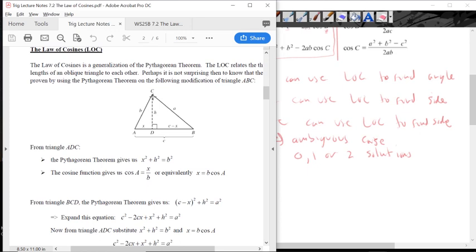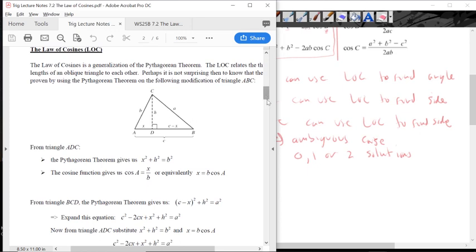And we start by dropping a line perpendicular to the base, just like we did with the proof of the law of sines. Okay? In the proof for the law of sines, we then took the sine of an angle, like the sine of A and the sine of B, because it was after all the law of sines. What are we going to do to prove the law of cosines? We're going to take the cosine of the angle instead. So let's take the cosine of A, and let's take a look at how these formulas work out here.